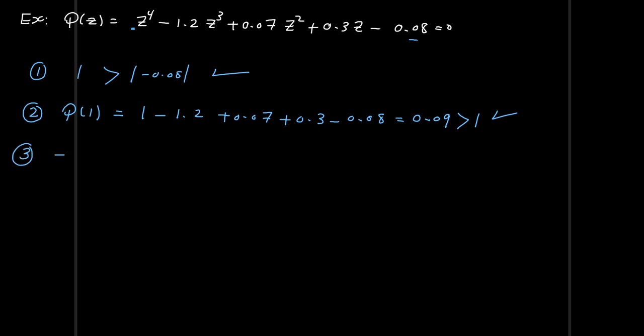The third condition is minus 1 to the power n, and n here is equal to 4. So minus 1 to the power 4, q of minus 1.